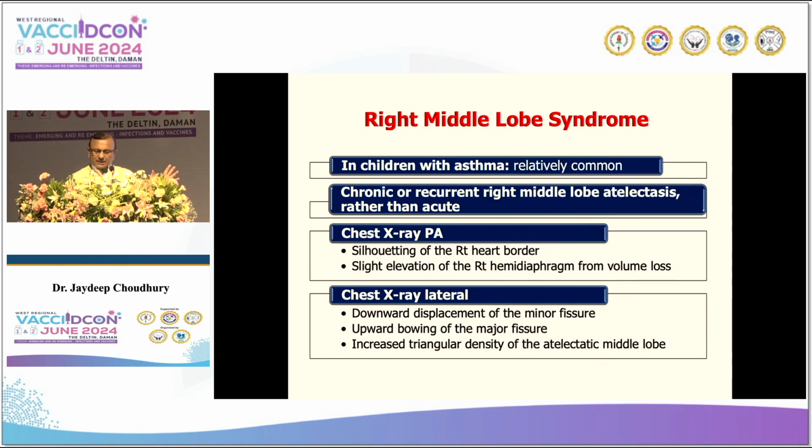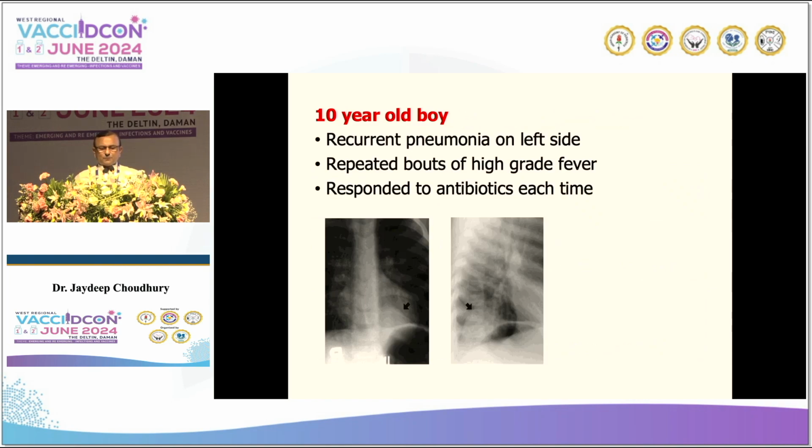And the typical chest X-ray we have seen and the lateral that we have seen, the triangular shadow, more or less confirms the diagnosis of right middle lobe syndrome. The child was not toxic, counts normal, so this child doesn't need to be treated for pneumonia, rather proper asthma management is what is required.